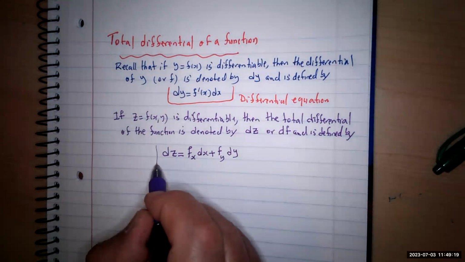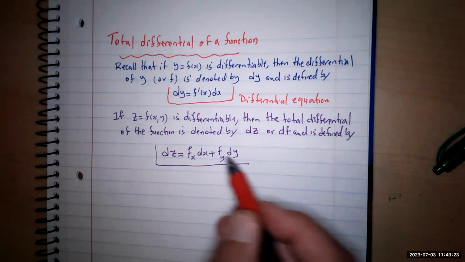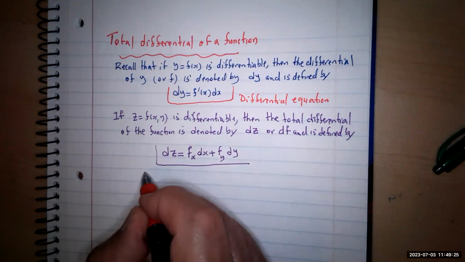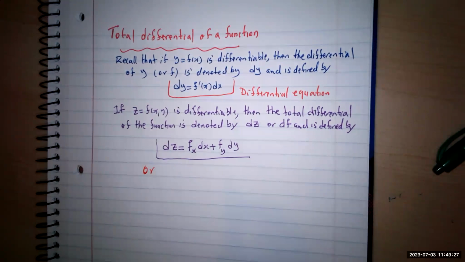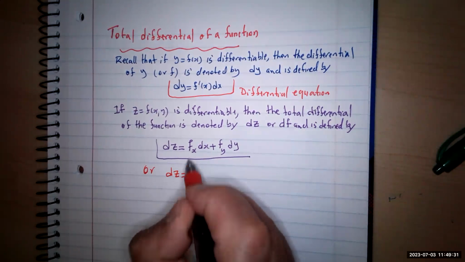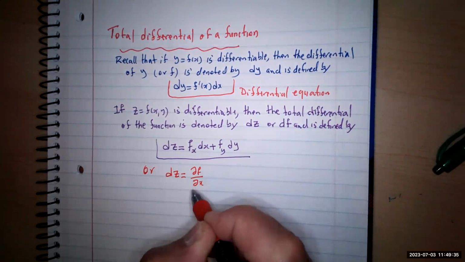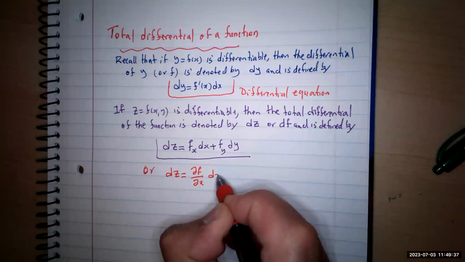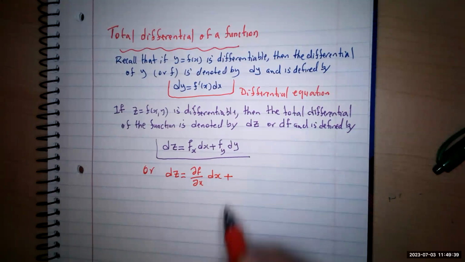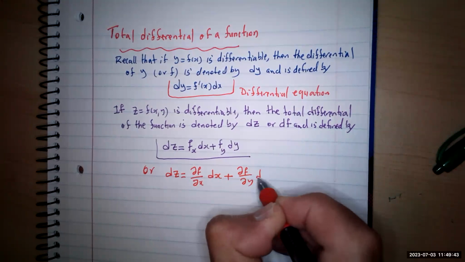Some people like another type of notation. We did have various notations for this one. So this is another notation: dz is going to be equal to, remember, round f round x, that's a partial, times dx, plus round f round y times dy.